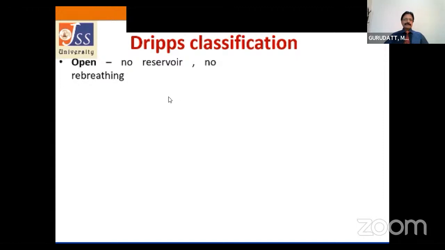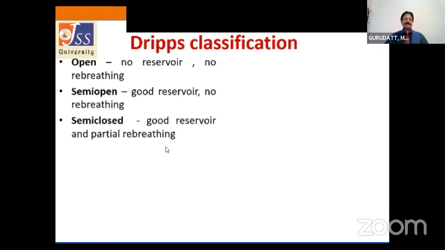As per the Dripps classification, open circuit means no reservoir, no rebreathing. Semi-open means good reservoir, no rebreathing. Semi-closed means good reservoir and partial rebreathing. And closed circuit means total rebreathing, minus carbon dioxide of course, and a good reservoir.